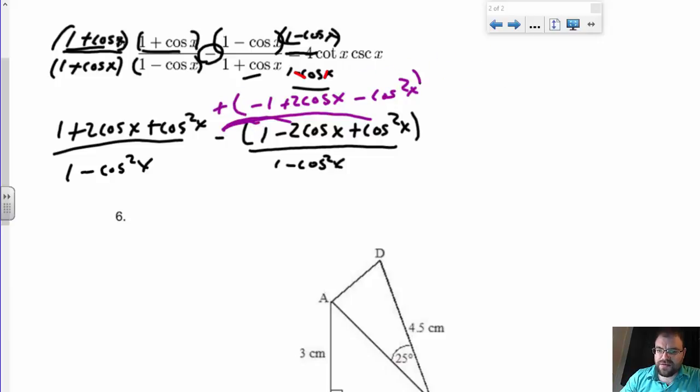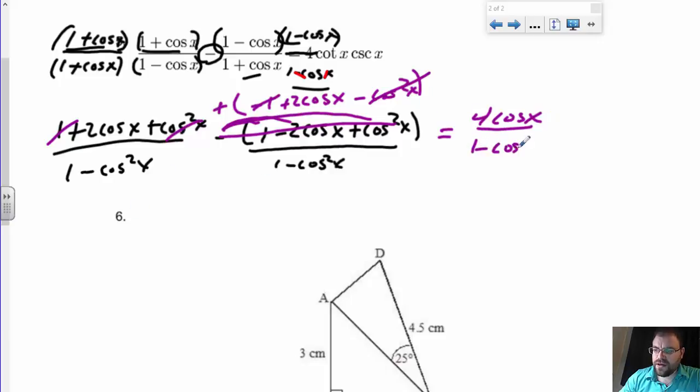It's the same thing. We're going to add all these negatives here. So if I say then, what is 1 minus 1? These are going to cancel. Cosine minus cosine cancel. So now I have 2 cosine plus 2 cosine. That gives me 4 cosine x. All over the common denominator here, which is 1 minus cosine squared x.